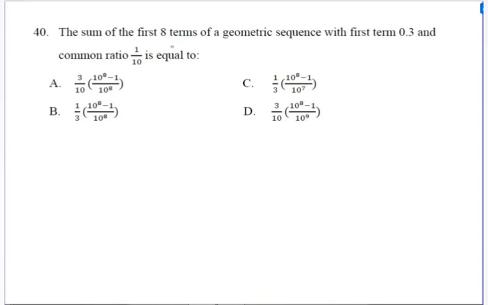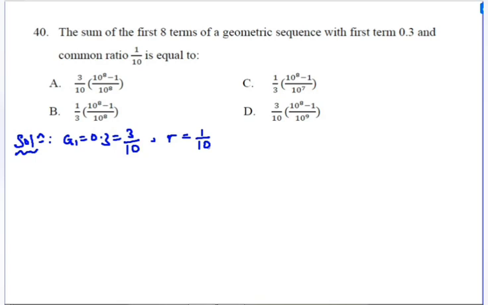The sum of the first 8 terms of a geometric sequence with first term 0.3 and common ratio 1/10. Here we have a geometric sequence with the first term, denoted by G1, equal to 0.3, or you can write 3/10. The other information about this geometric sequence is that the common ratio is 1/10.